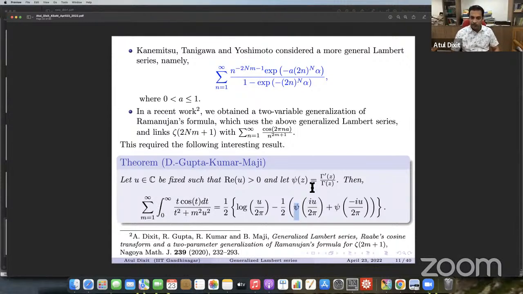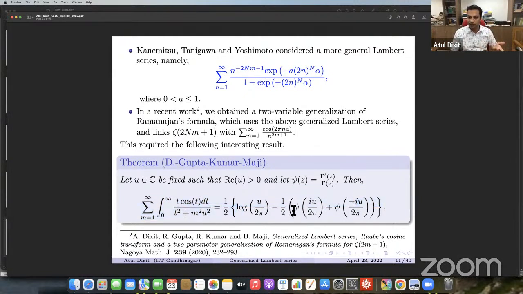Here psi is the logarithmic derivative of the gamma function. This integral has been evaluated, but when you see its evaluation, it is in terms of some non-elementary special functions, those which are not very well known. However, when we sum that, the right-hand side is in terms of well-known special functions.